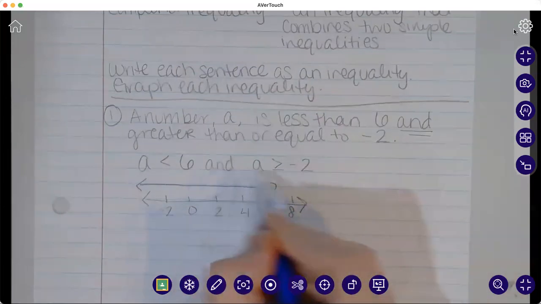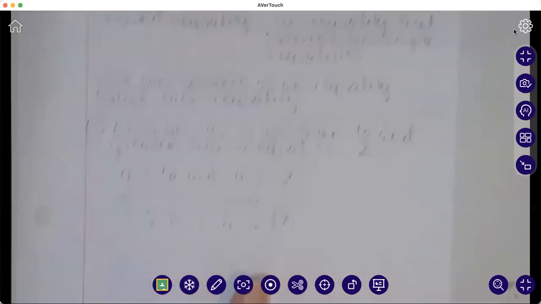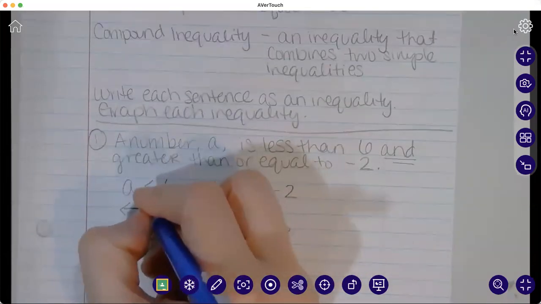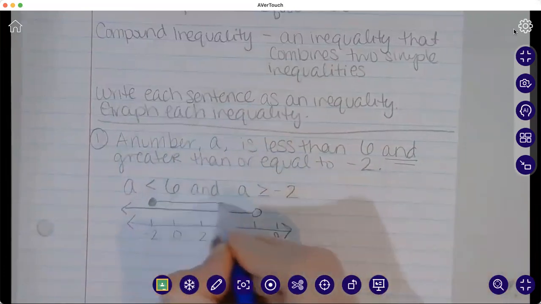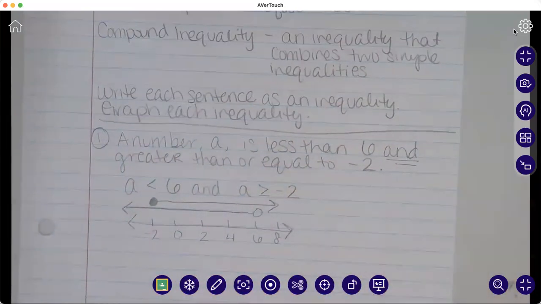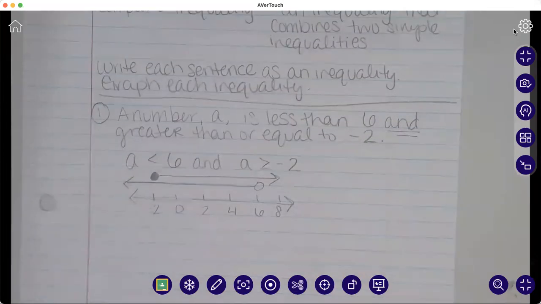But at the same time, A has to be greater than or equal to -2. So at -2, I have a closed circle, but A is greater than or equal. So how could it be both of these at the same time? Well, what ends up happening is that we have a combination, or a compound inequality.